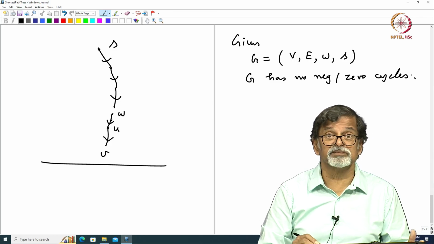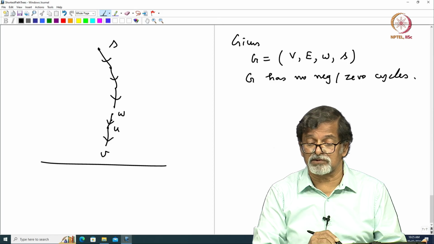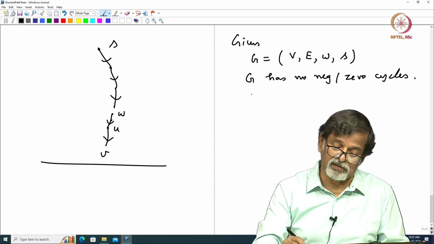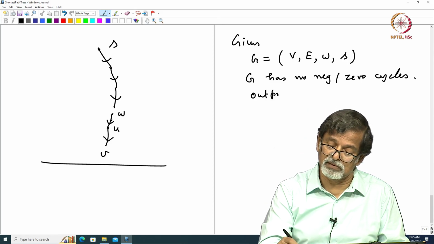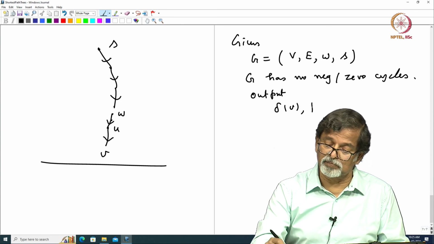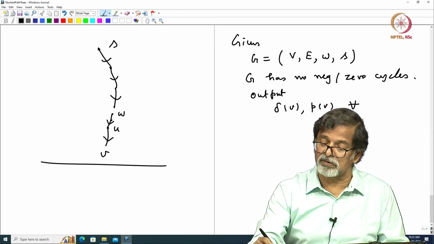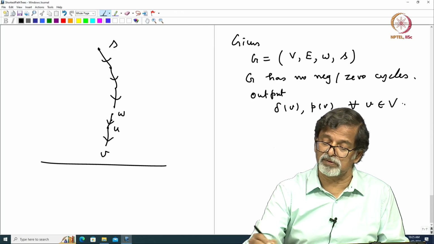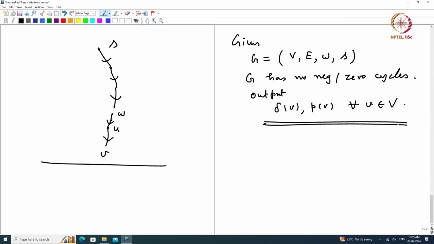This is given that G has no negative cycles, output delta V, P of V for all V belonging to V. We know that delta S equal to 0, P of S is undefined.